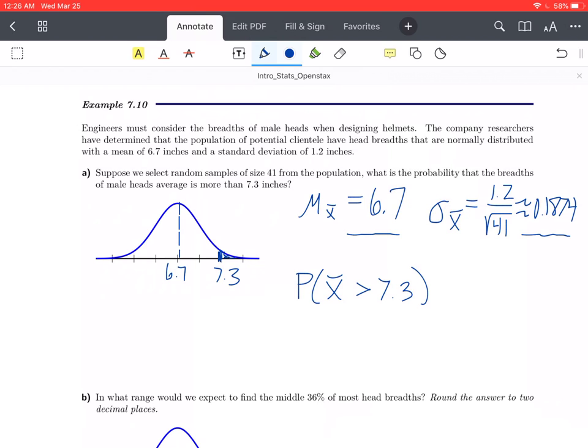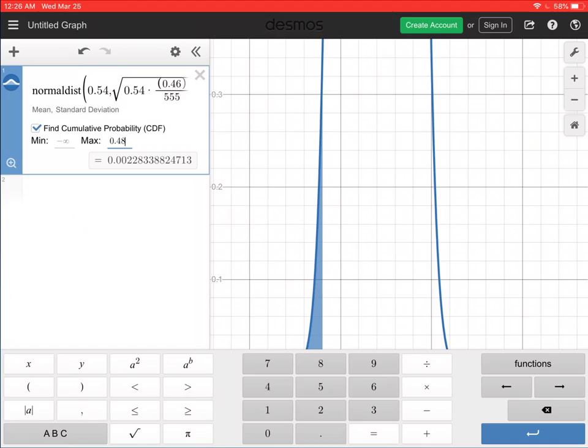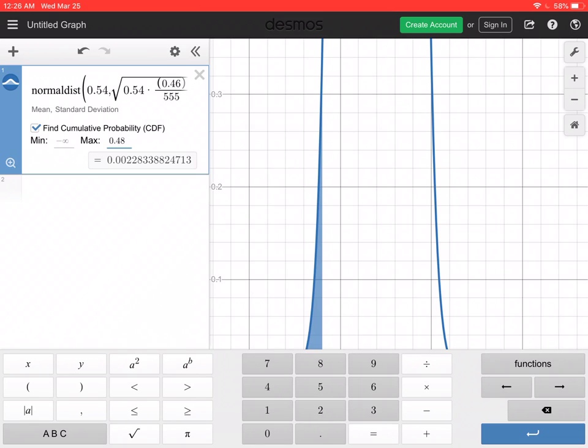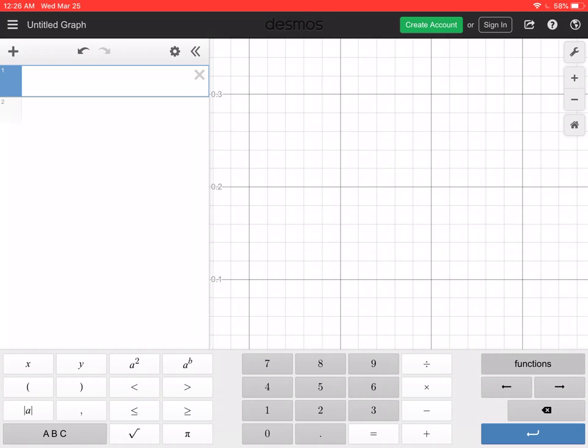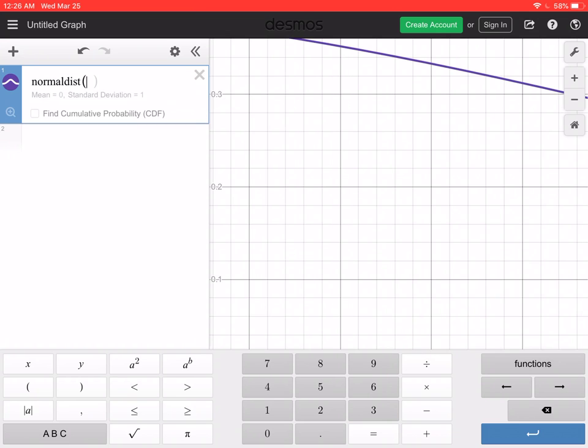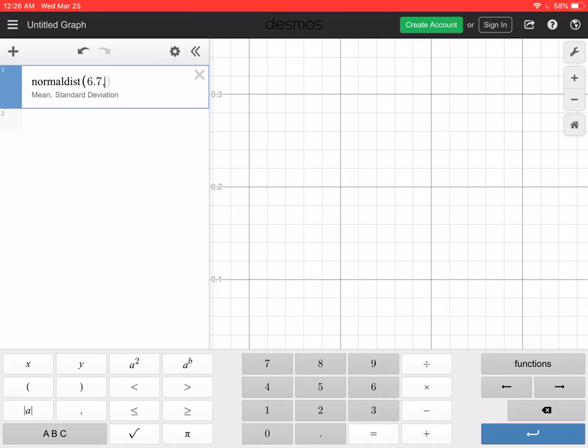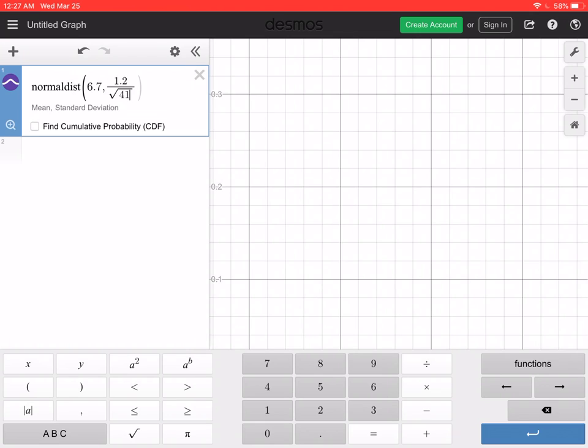Plug those into Desmos. That'll again give us the probability that we're looking for. So get the normal distribution going with mean of 6.7, standard deviation of 1.2 over the square root of 41.